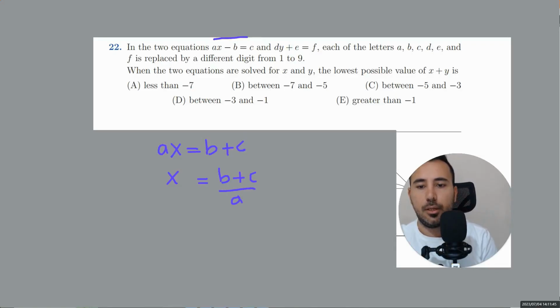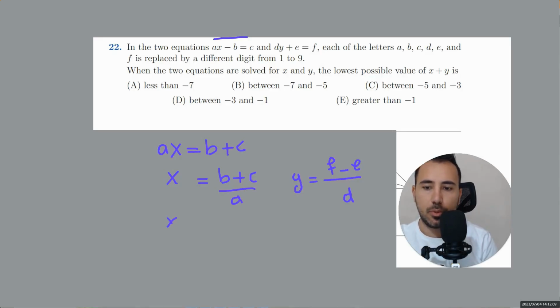Okay, so let's do the same thing for y. For y, if we do the same process, it's going to be y equals f minus e over d. So we want to find the lowest possible value for x plus y.